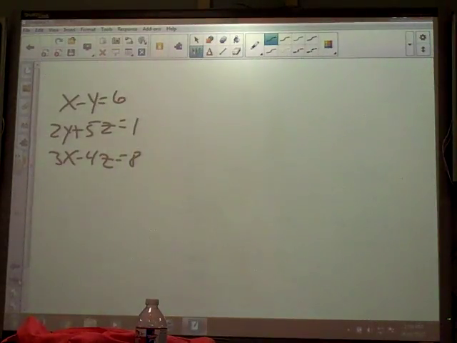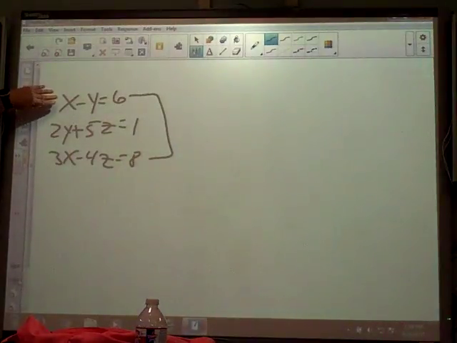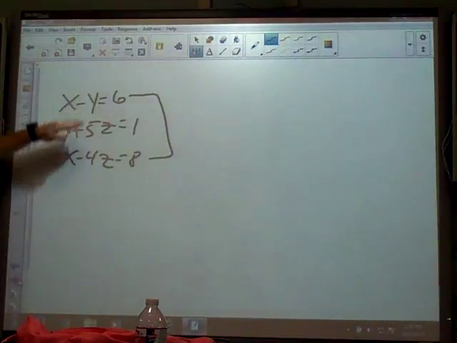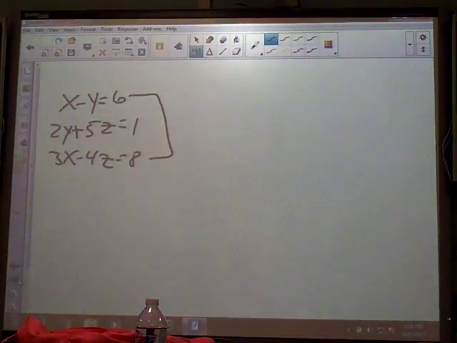Okay. So anybody got an idea for me to look at to tell you if that's a good one or not? Yeah, 1 and 3. If I went with what Dustin said there, I could eliminate my x's if I multiplied this equation by 3. Or I could eliminate my y's if I multiplied this one by 4. So that one would work either way. I'm going to multiply it by 3. We'll eliminate the x's.